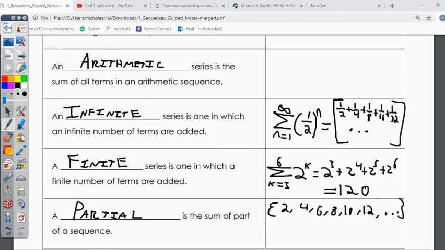If we want to just take a partial sum from 2 to 8, the partial sum in this case would just be 2 plus 4 plus 6 plus 8, which is 2 plus 4 is 6, plus 6 is 12, plus 8 is 20. So that would be equal to 20. All right. So that's all our verbal vocabulary.